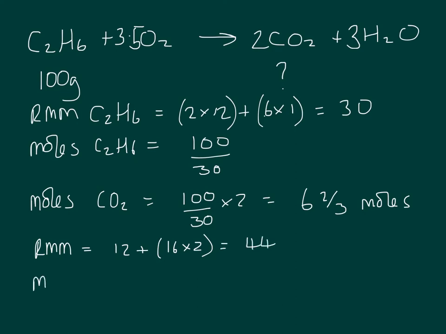So then the mass of CO2 equals 44 times 6 2/3 equals, my calculator says that's 293 1/3 of a gram of carbon dioxide, which is produced when 100 grams of ethane is burnt.